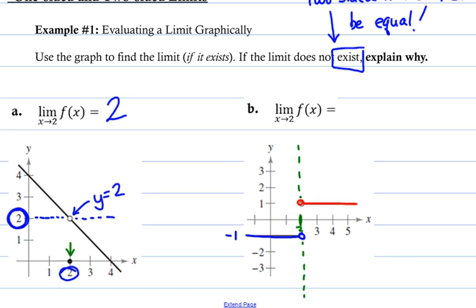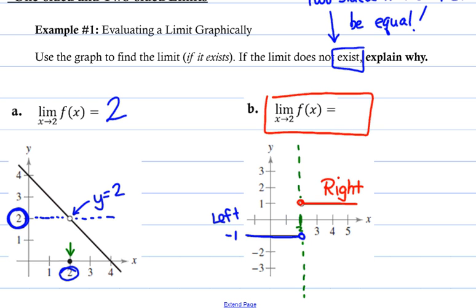In order to figure out what the overall limit is, I need the two-sided limits. I need the limit from the left, which would be all of this blue stuff, and then I need to compare it to the limit from the right, which is the red part.